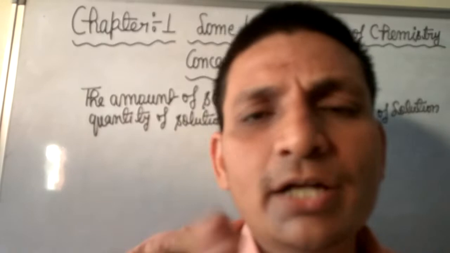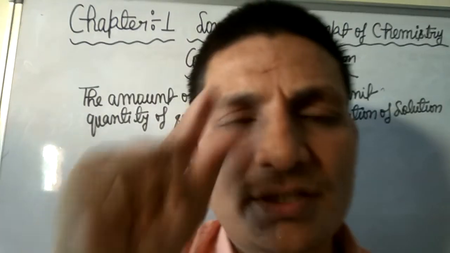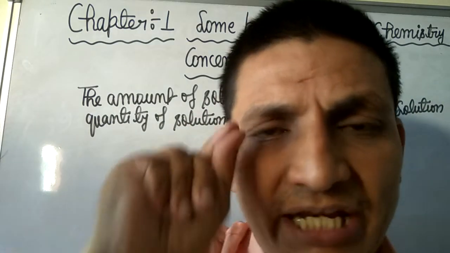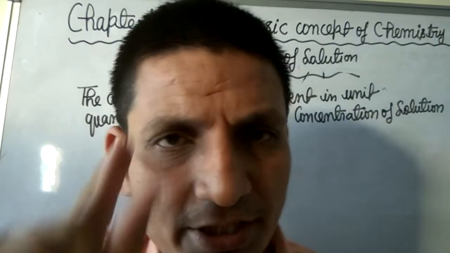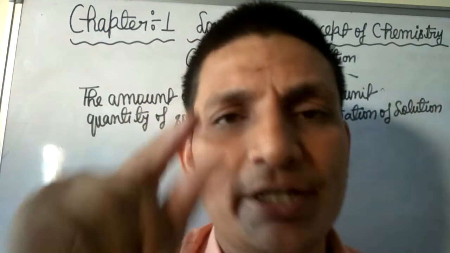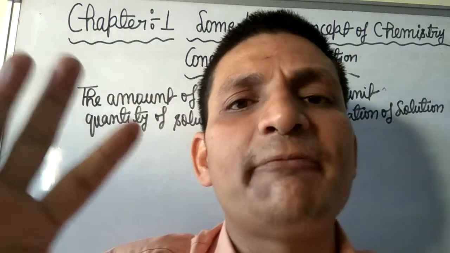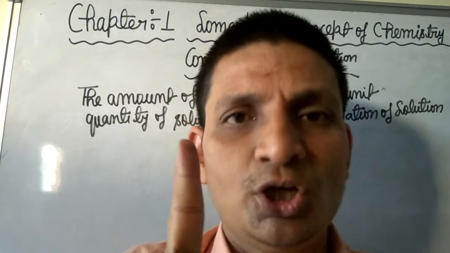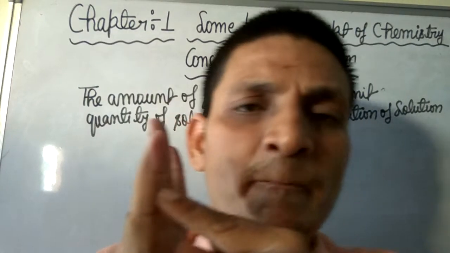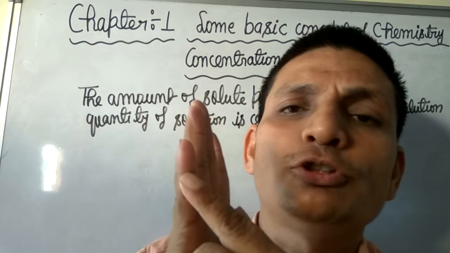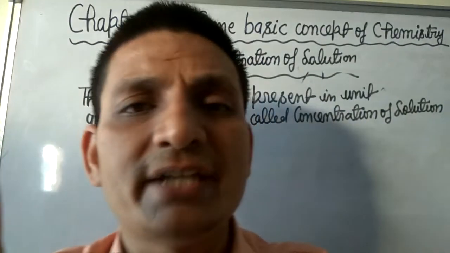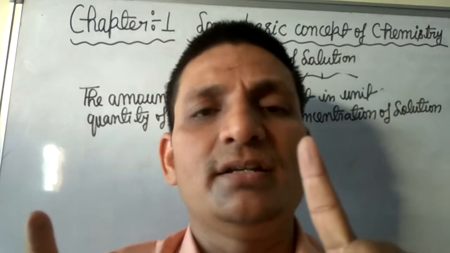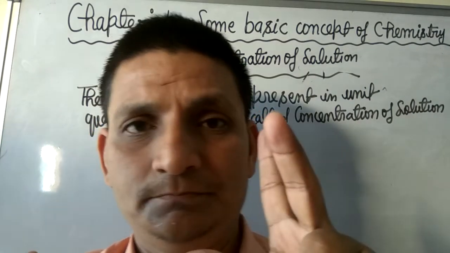Now, methods to express concentration of solution. Concentration of solution can be expressed in the following ways. Number 1, concentration in gram per liter. Number 2, mass percentage. Number 3, volume percentage. Number 4, normality. Number 5, molarity. Number 6, molality. Number 7, mole fraction. Number 8, mass fraction.